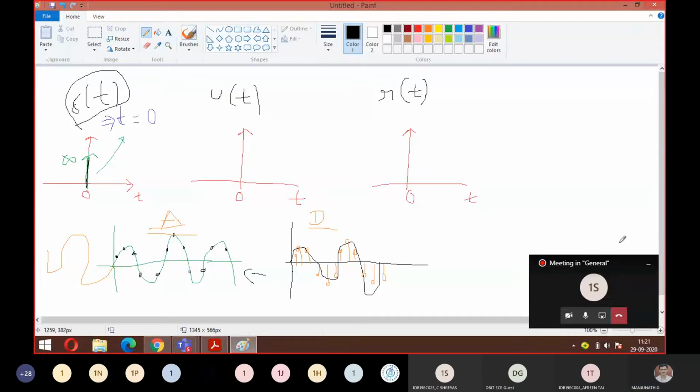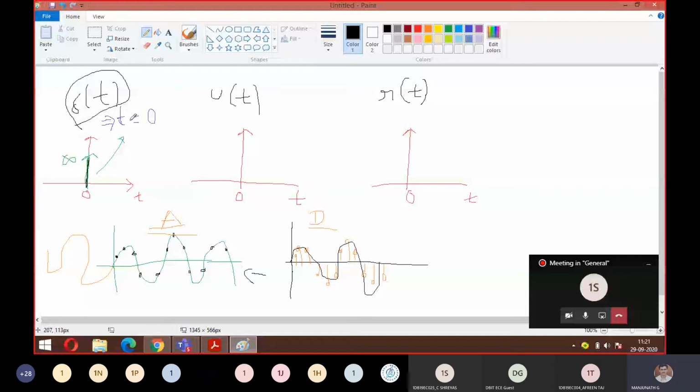Okay, so let me try to finish this. Whenever you don't understand, just tell me, whenever there is a signal problem. Okay, so we got one now: the impulse function.